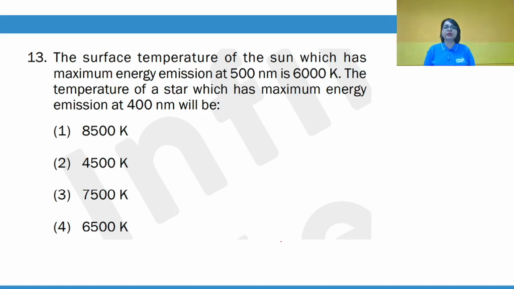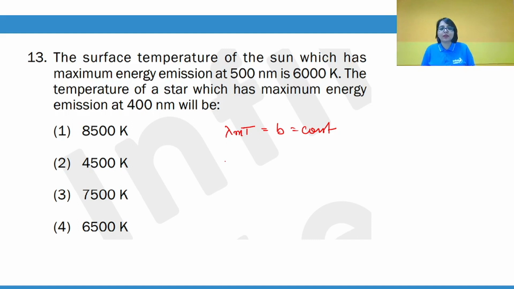Next is question number 13. The surface temperature of the sun, which has maximum energy emission at 500 nanometer, is 6000 Kelvin. The temperature of a star which has maximum energy emission at 400 nanometer will be. So we can use Wien's displacement law. So it is lambda m into T equals b, which is a constant. So you can equate lambda m into T for both the stars.